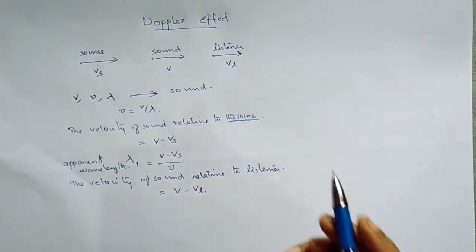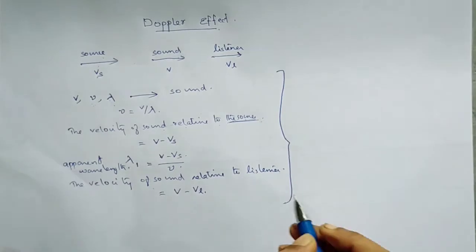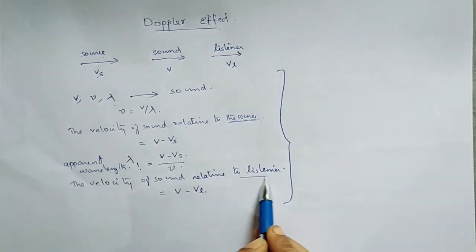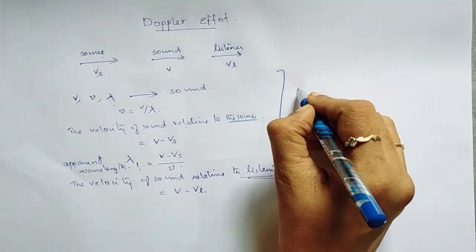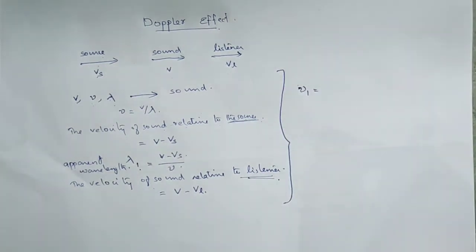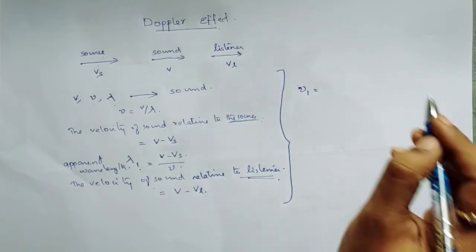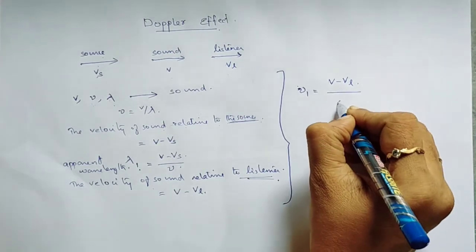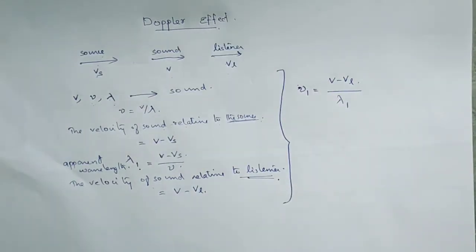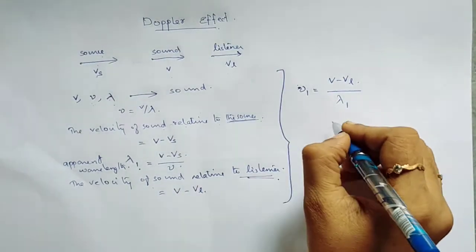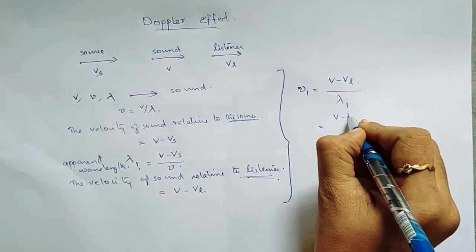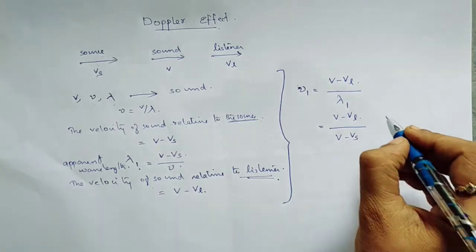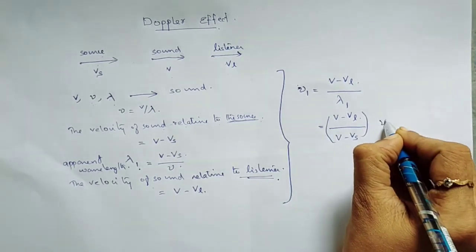Now what about the apparent frequency? This is the apparent wavelength, and for the listener, the apparent frequency nu 1 is the velocity relative to the listener, v minus vl, divided by lambda 1. Lambda 1 നമ്മൾ കണ്ടുപിടിച്ചിട്ടുണ്ട്. നമുക്കൊന്ന് സബ്സ്റ്റിറ്റ്യൂട്ട് ചെയ്യാം: v minus vl divided by v minus vs, into nu.